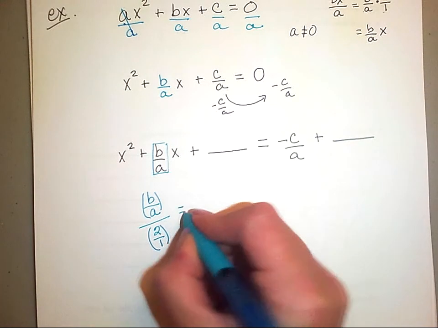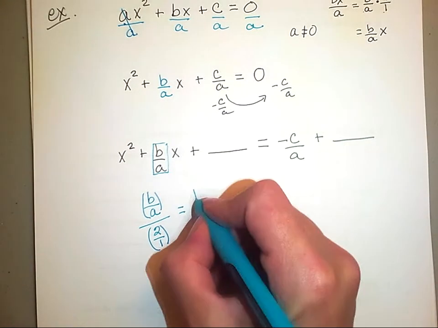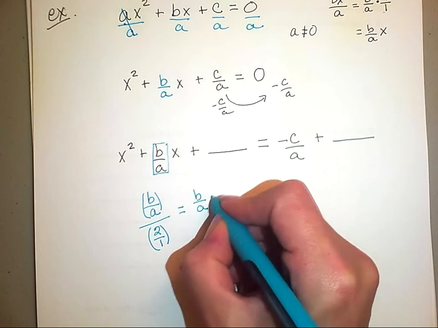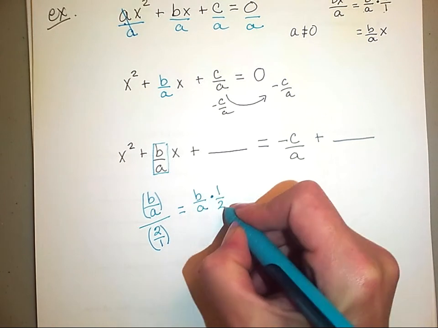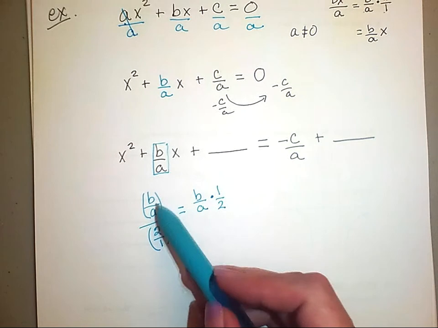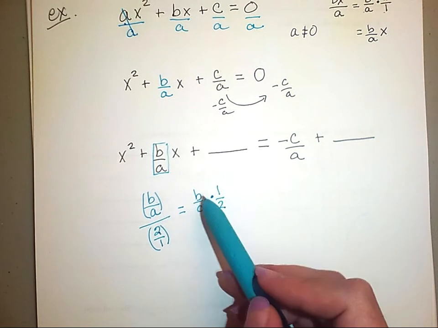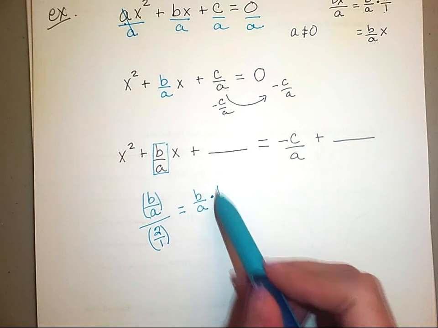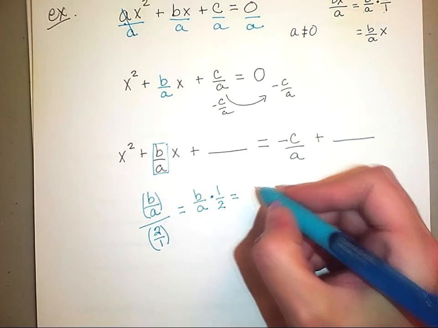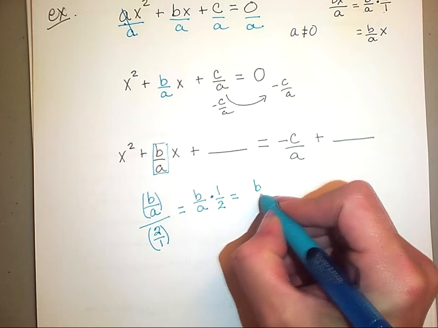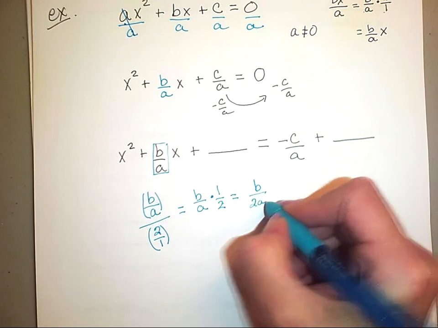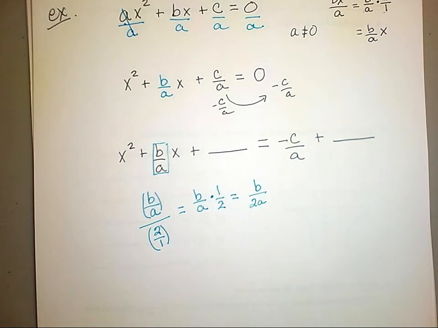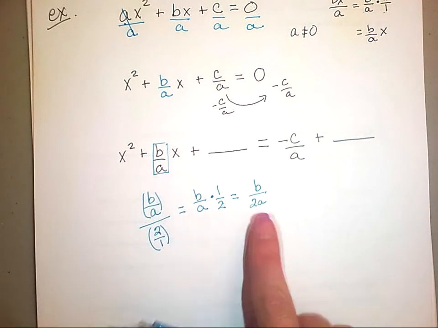And when you're dividing fractions, you have to invert and multiply. So dividing b over a by 2 is the same thing as multiplying b over a by a half, which means I could write this as b over 2a. Okay, so that's dividing this in 2.